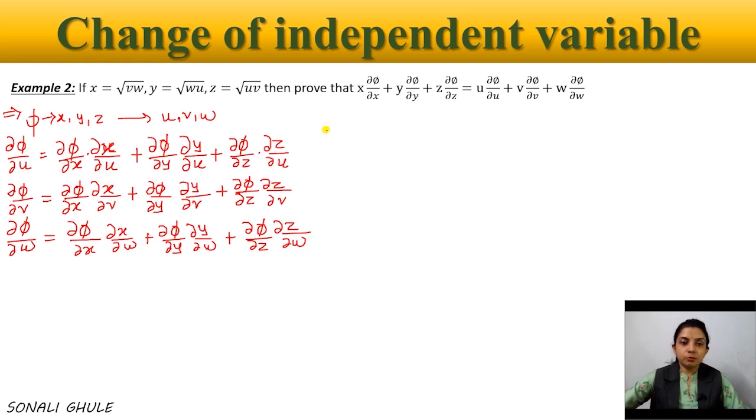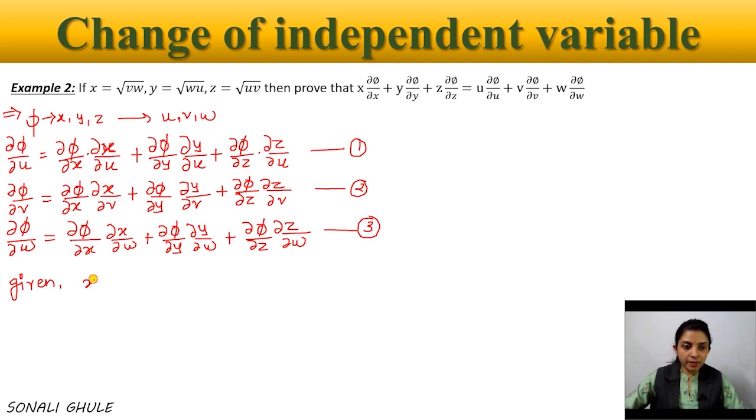Right? So say this is equation 1, this is equation 2 and this is equation 3. Okay. Now from the given part, we are going to find all these derivatives.